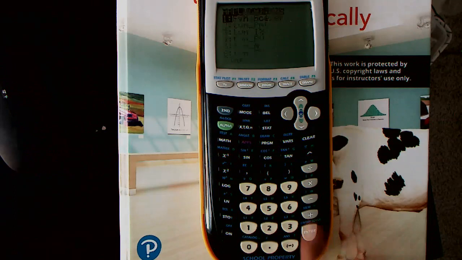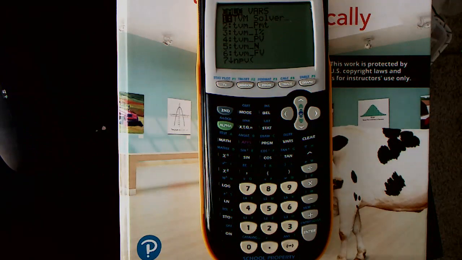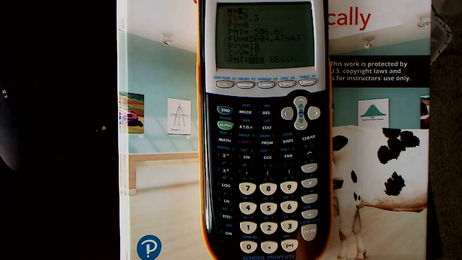Confirm Finance, and the first function in this menu is TVM Solver. We are going to select TVM Solver. What is TVM? T is time, V is value, M is money. TVM means time value of money solver. So we are going to use that function.